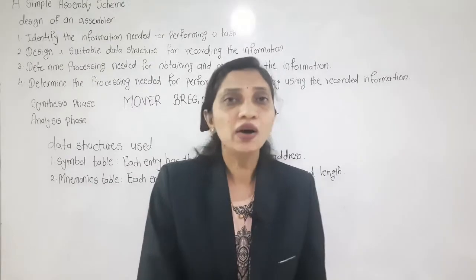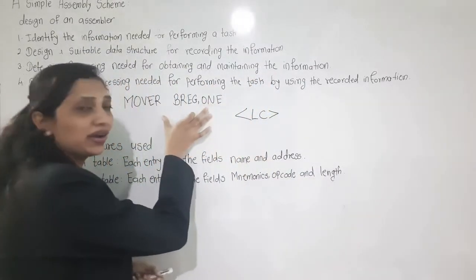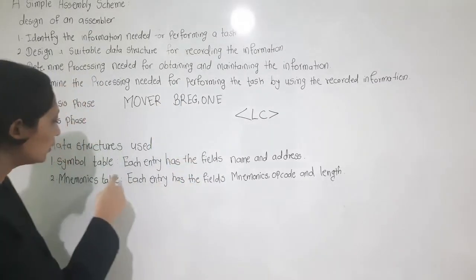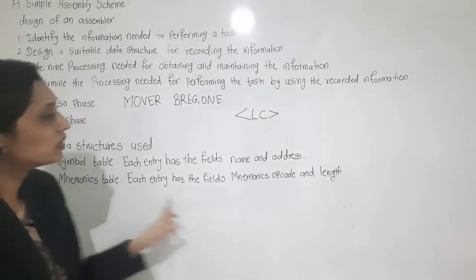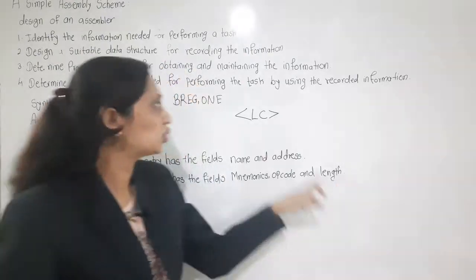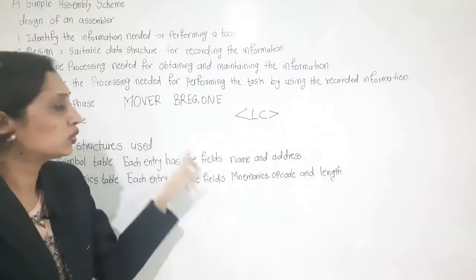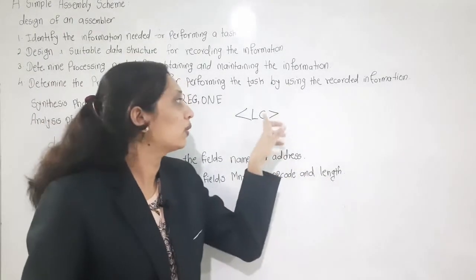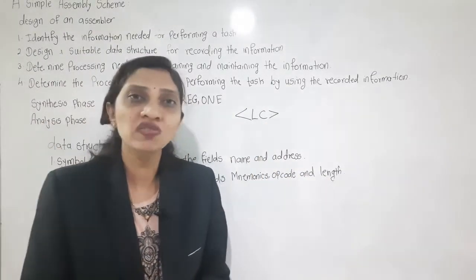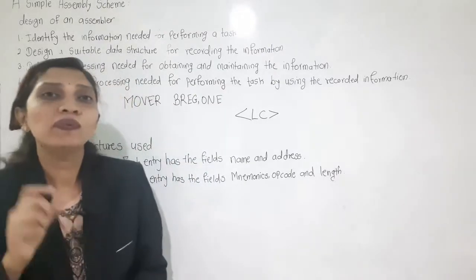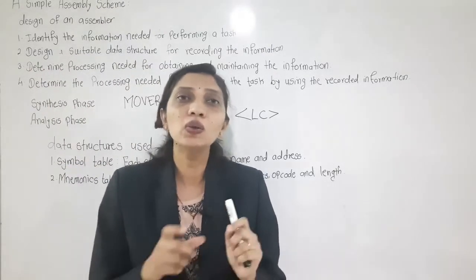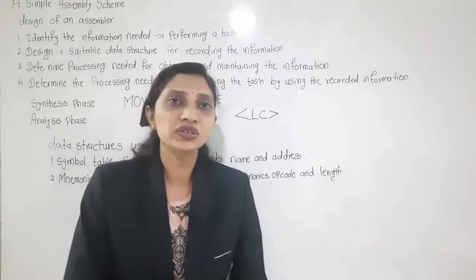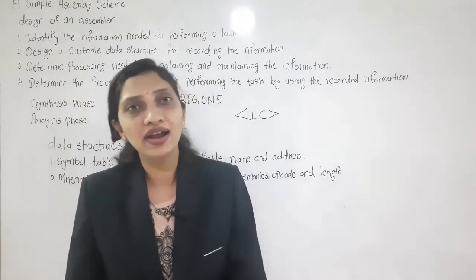The location counter checks the statement. After checking the statement, it checks the mnemonic table to see how much length is required to store that instruction. Depending on this length, the location counter increases its value. In this way, for each instruction the location counter generates some address, means for each symbol it generates the address.